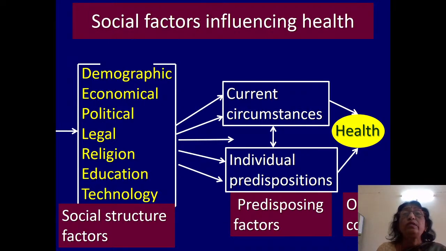So that is the technology. In health also, we can use technology to ensure the people are healthy, and we can follow them up. So that is how technology helps us, and all these form the social structure factors.